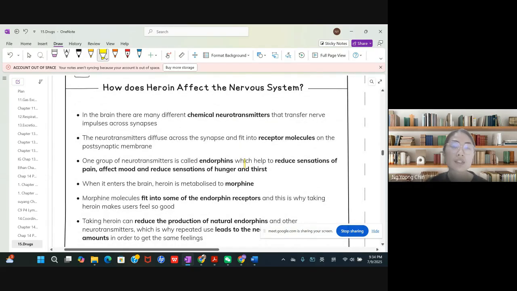Okay, so one thing you need to know is, why do you feel happy? Happy is a kind of emotion, but this emotion is actually induced by the release of neurotransmitters. Neurotransmitters being released will make me feel happy.